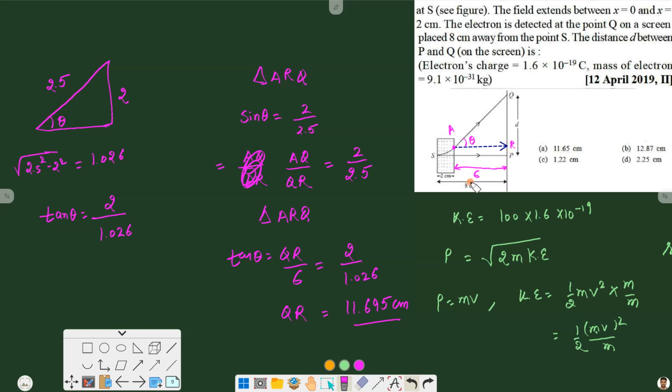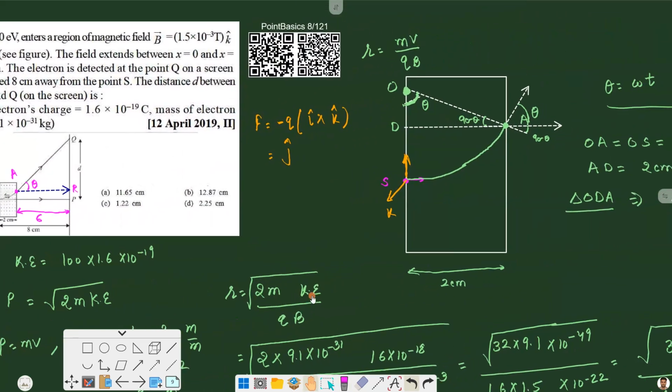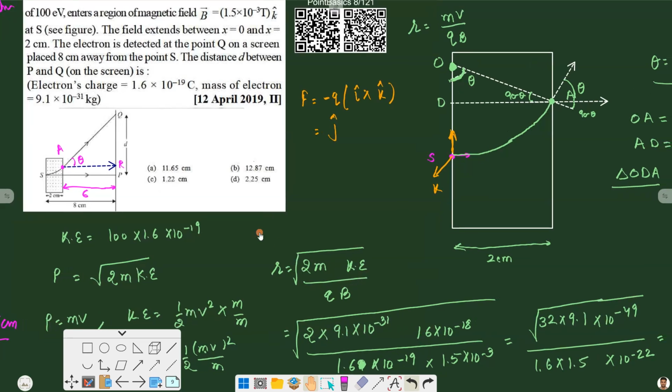So we have the value of QR, and we have to find out the value of RP also, and that can be found using our previous triangle. RP is equal to AQ.